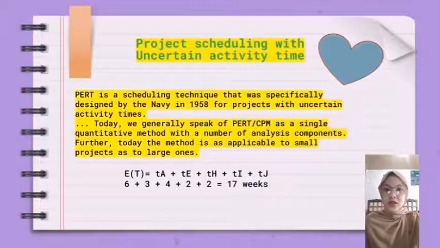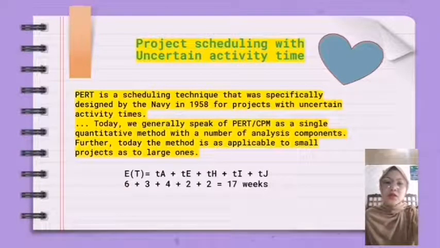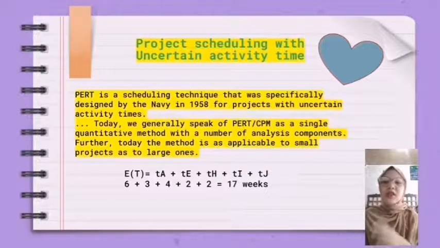What is the project completion time under uncertain activity times? Let's proceed to the formula. T denotes the sum of the expected times for the critical activities. So the formula is E(T) equals the sum of the expected times, t.